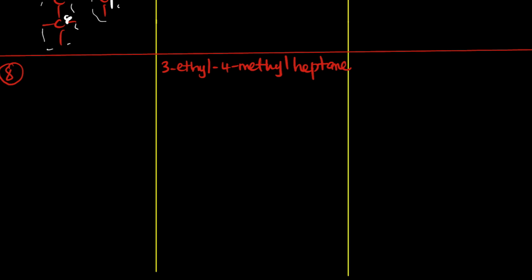Doing the structure here, the first thing that you need to consider is the parent. It's hept, which is 7. It's 7 carbons. 1, 2, 3, 4, 5, 6, 7. Okay, let me just put it closer to this side.